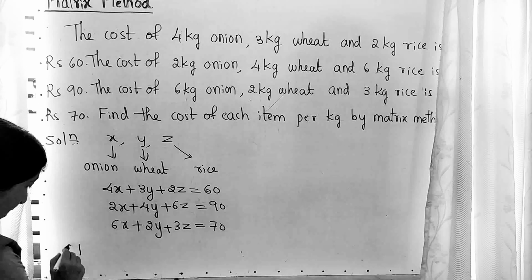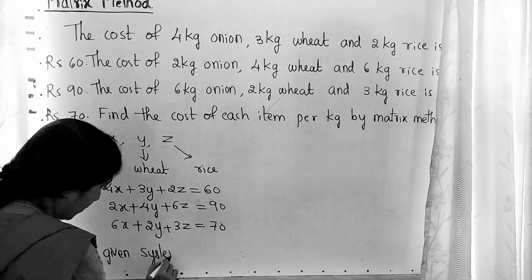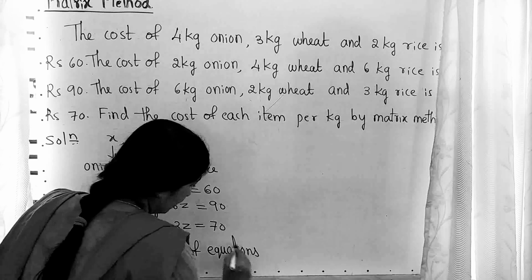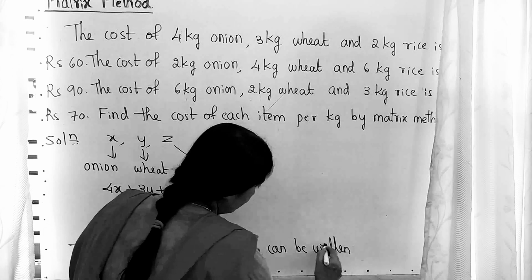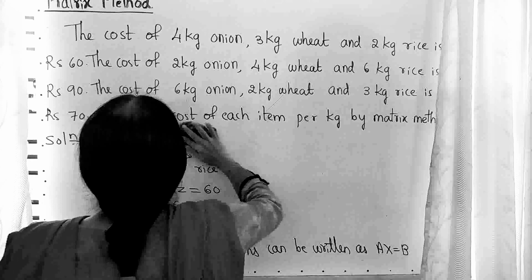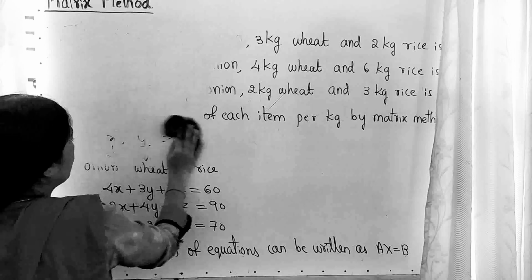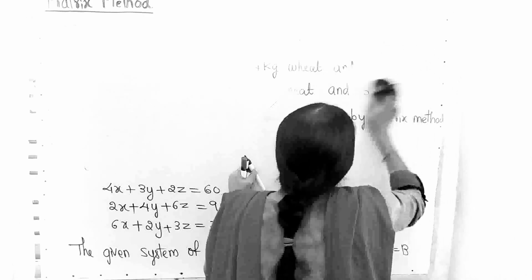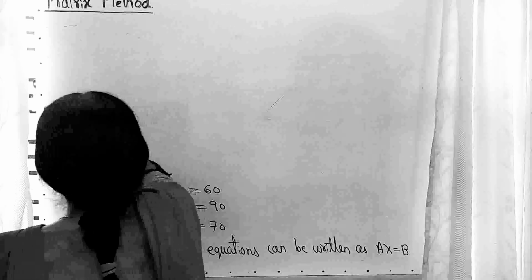See, the given system of equations can be written as AX is equal to B. Already we are familiar what is A, what is X and what is B.